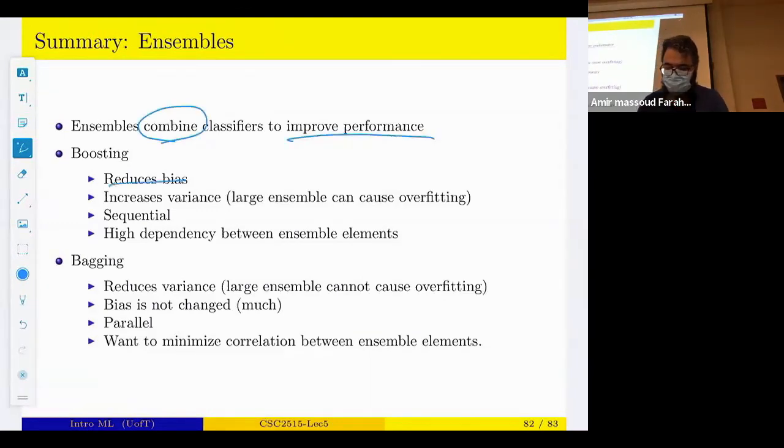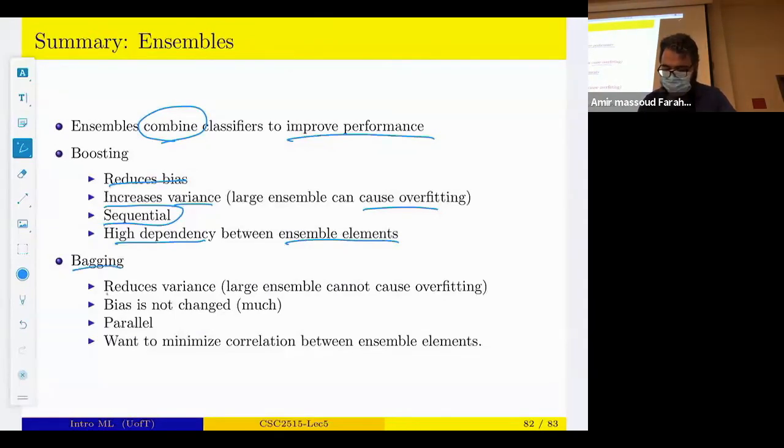Boosting reduces bias, but increases variance. And technically, it can cause overfitting. It is sequential, so we add new classifiers one by one, and then there would be high dependency between each of the elements of the ensemble. We didn't really prove or talk about that, but that would be the case.